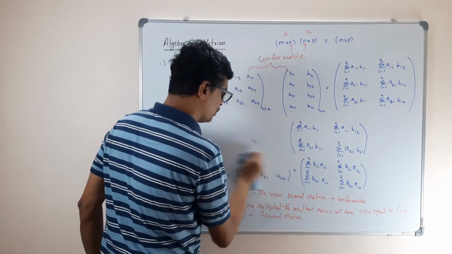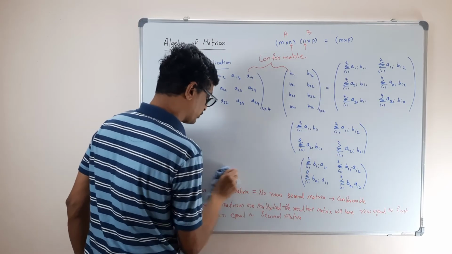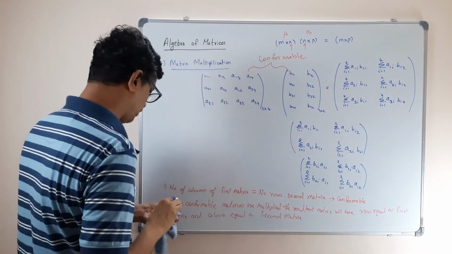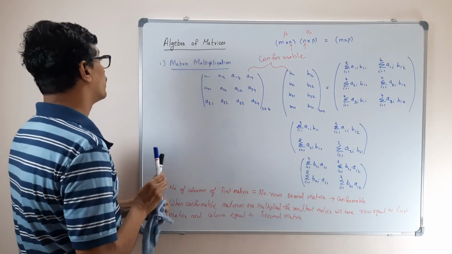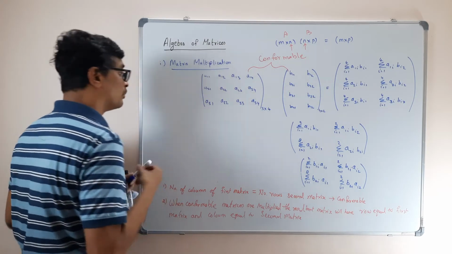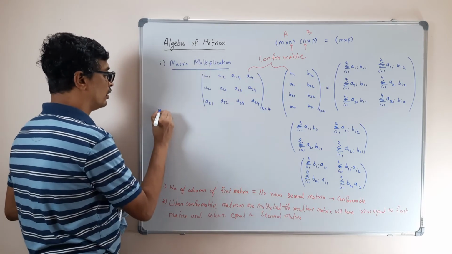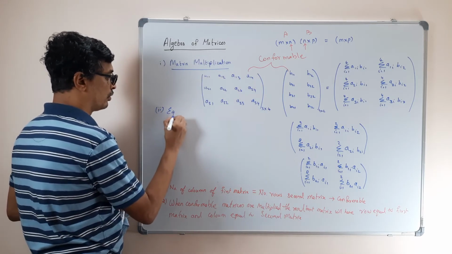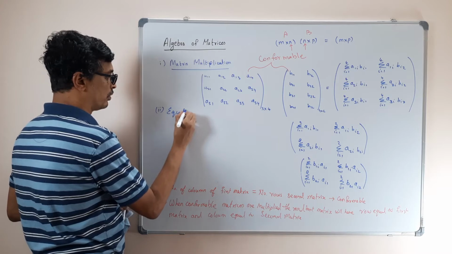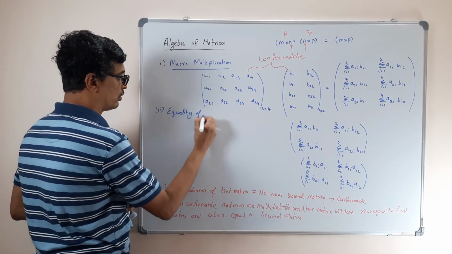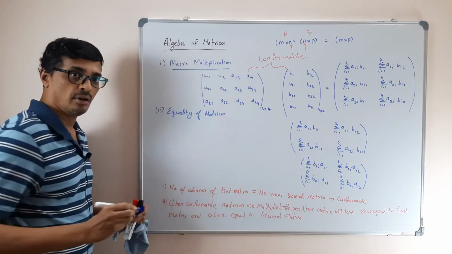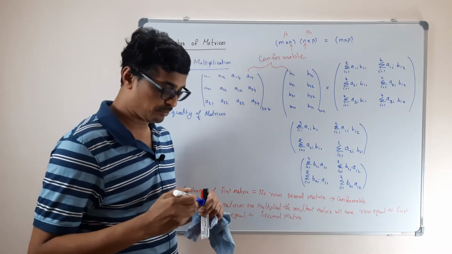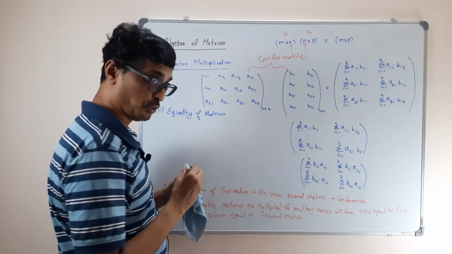So when do you call the equality of matrices? Let me write it. Equality of matrices. So two matrices are equal.